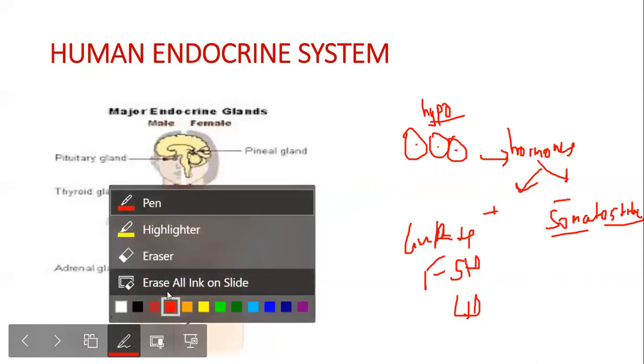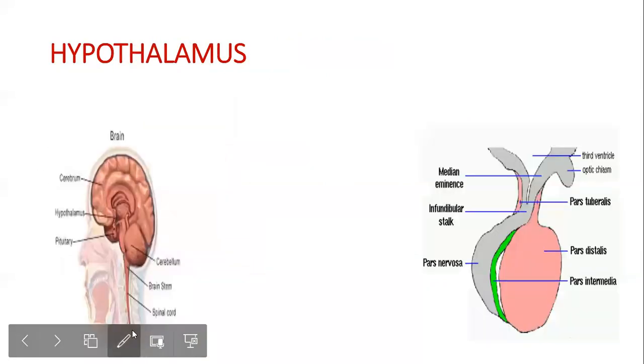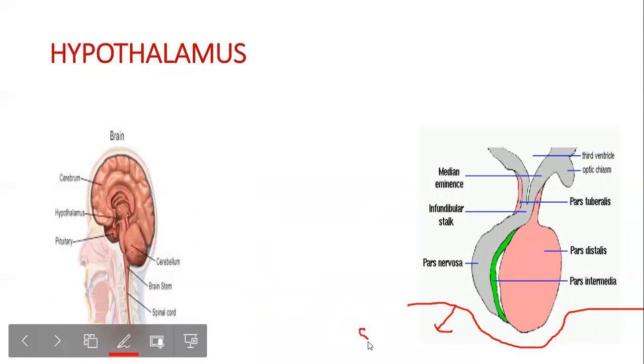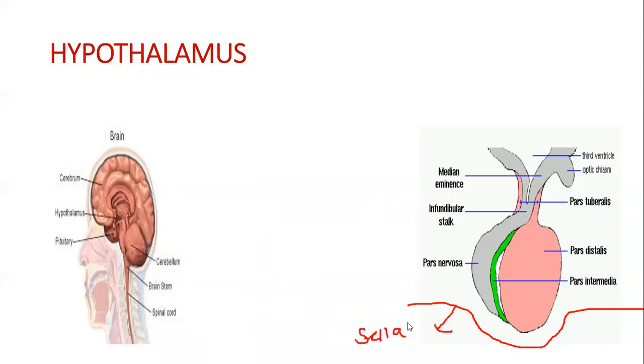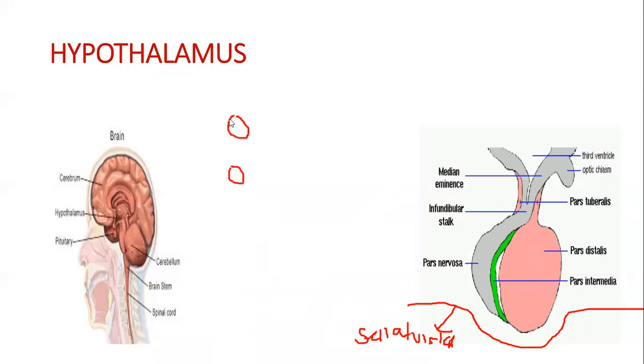Now coming to the pituitary gland. The pituitary gland is located in a bony cavity called sella turcica. If you see separately how the pituitary gland and hypothalamus look, the pituitary is attached to the hypothalamus through a stalk.